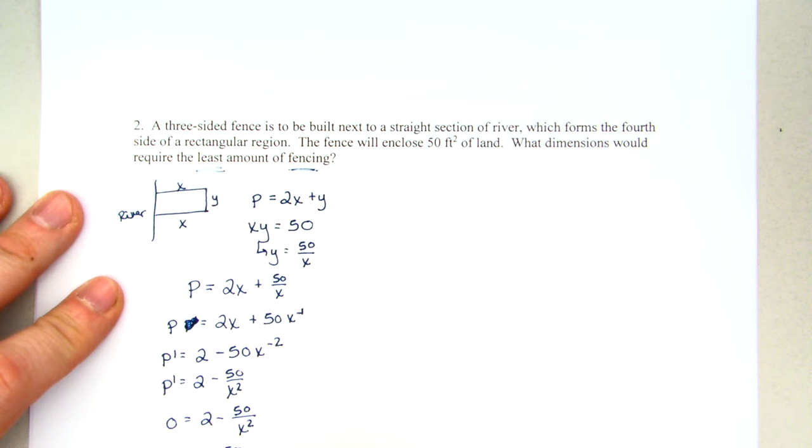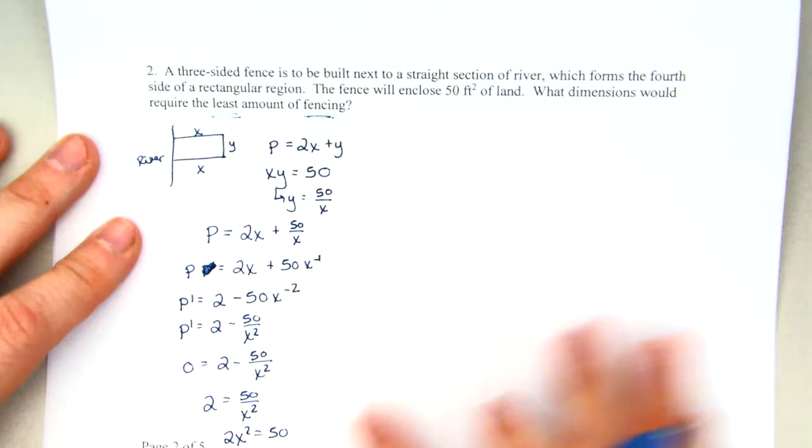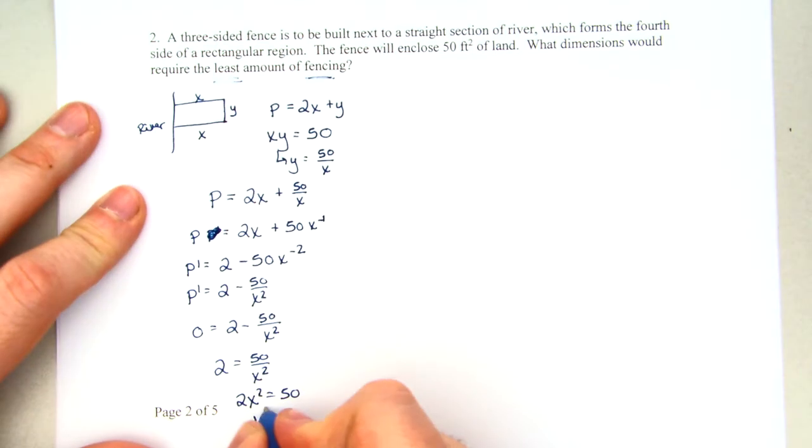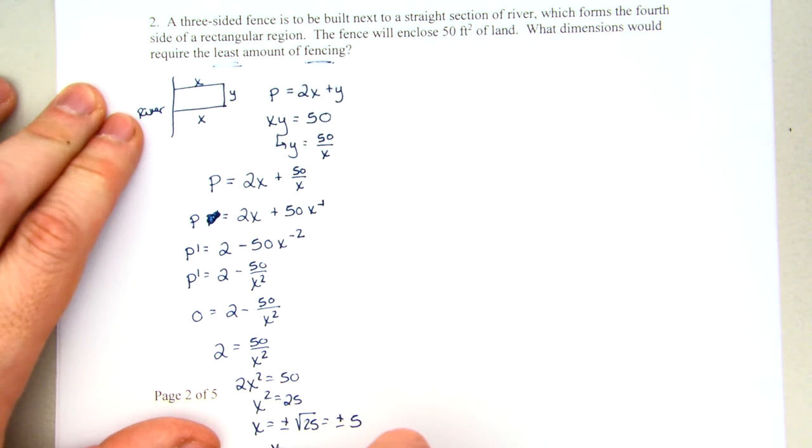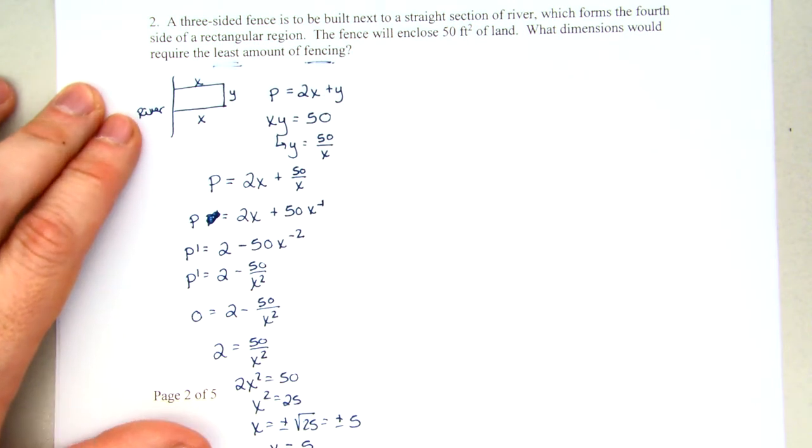I'm going to cross multiply. 2x squared equals 50. Am I still on the screen? No, I'm not. Sorry. X squared equals 25. So x equals plus or minus the square root of 25, or plus or minus 5. Now, because x is one of the dimensions of this rectangle, a negative wouldn't make any sense, so we're just going to go with x equals positive 5.